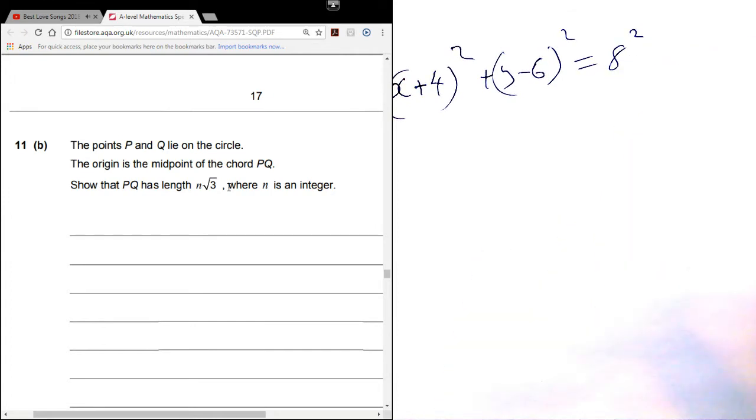Now we know there are 2 points, P and Q, that lie there, and the origin is the midpoint. But we need to show that the length between them is n√3.